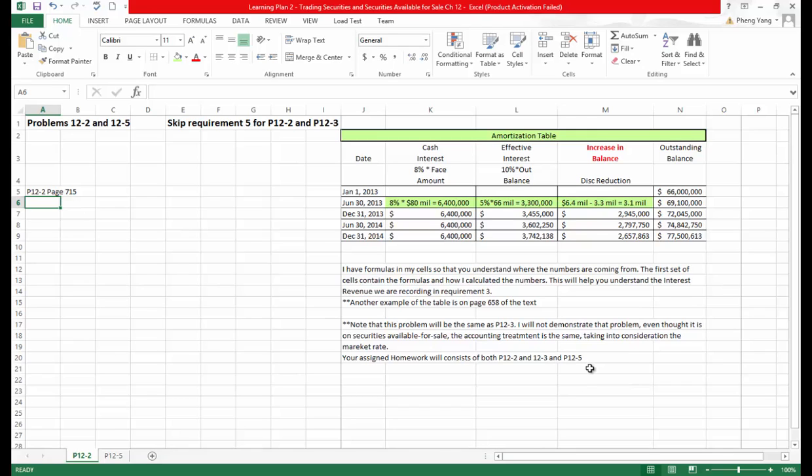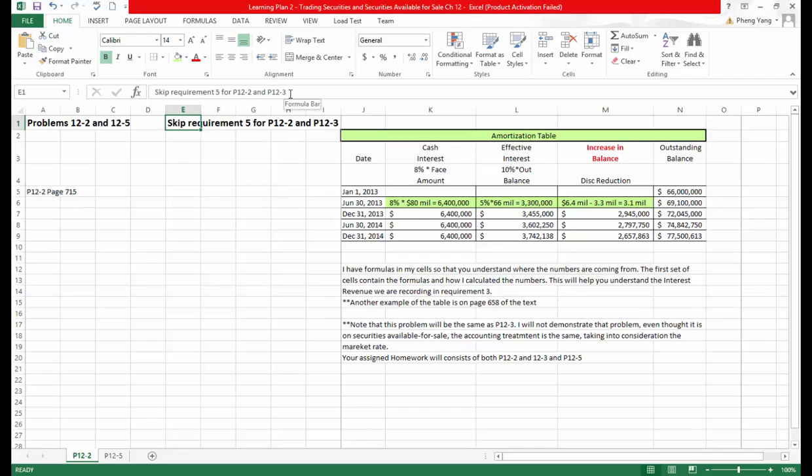Like I said before, with securities available for sale, the market yield is also important. That's why the accounting for trading securities and securities available for sale is primarily the same for both, which is why I'm not demonstrating 12-3.